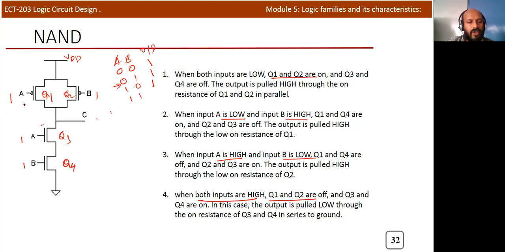When you apply a logic 1, the transistor will be in the off condition. This is also in the off condition. So there is no current flow from VDD to the output side. But the lower portion is NMOS, so both transistors will be in the on condition. So you will get a continuous path to the ground, so output will be low, or ground potential.